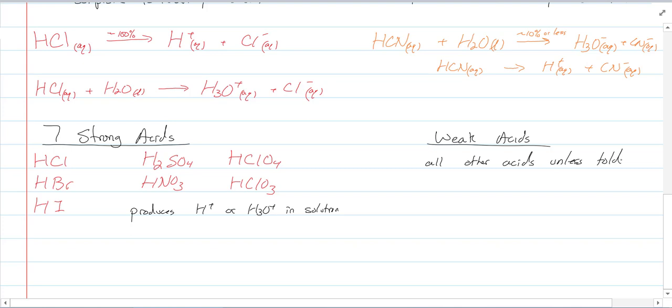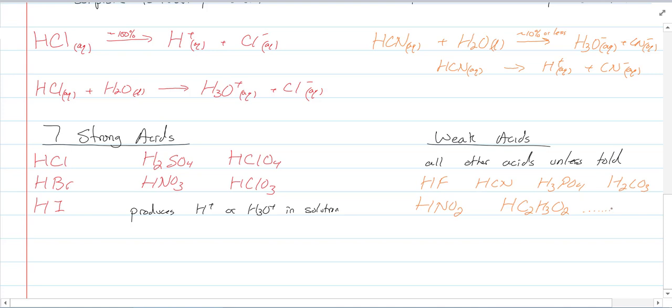Because, of course, there are more than 7 acids in the world. So the weak acids: HF, HCN, H3PO4, H2CO3, HNO2, HC2H3O2, and it goes on and on and on.